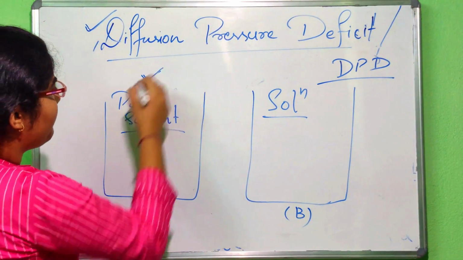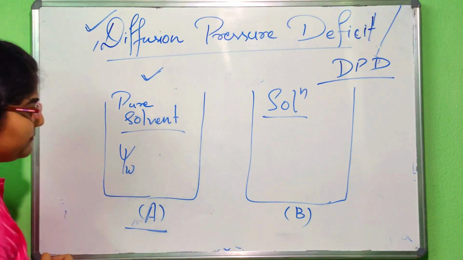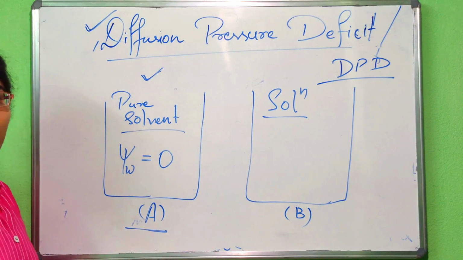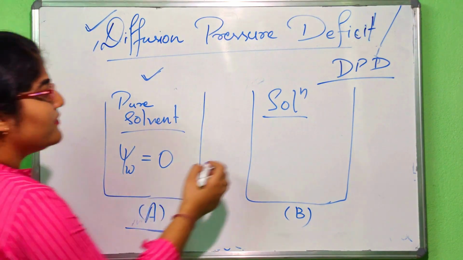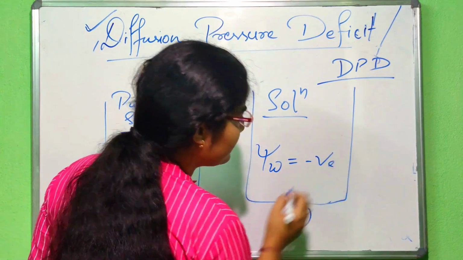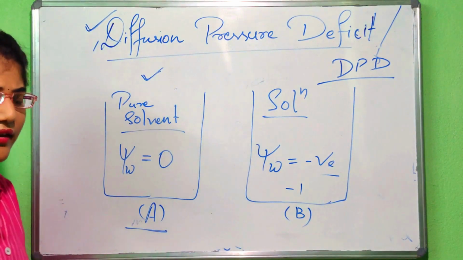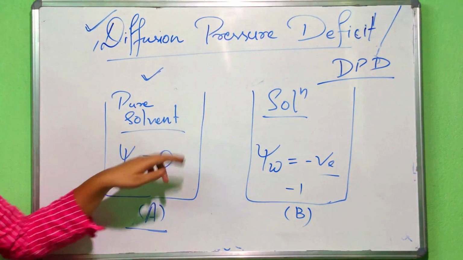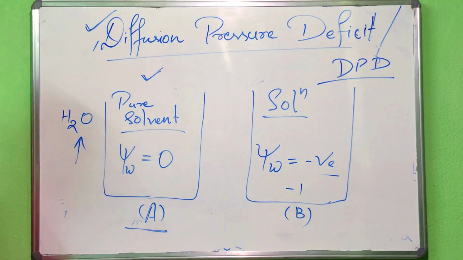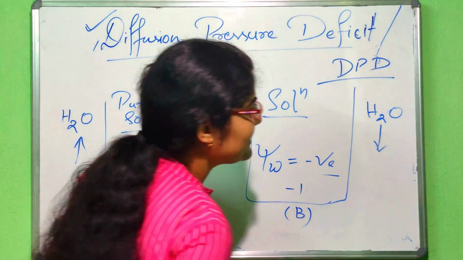In compartment A, the water potential of the pure solvent is equal to 0. In our last class we discussed that in a solution the water potential is always negative. Here we consider it as -1. In pure water, the water molecules are always higher in number. In a solution, the water molecules are always less in number.